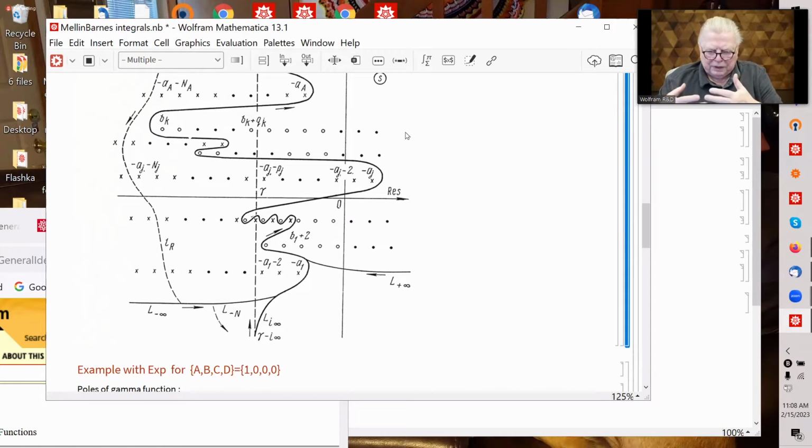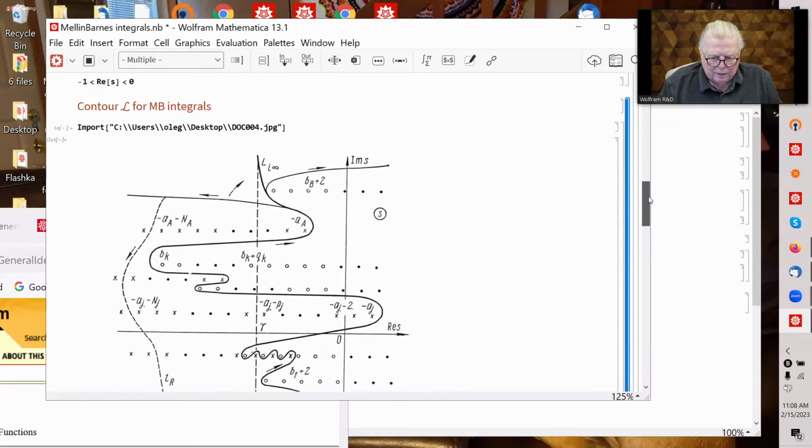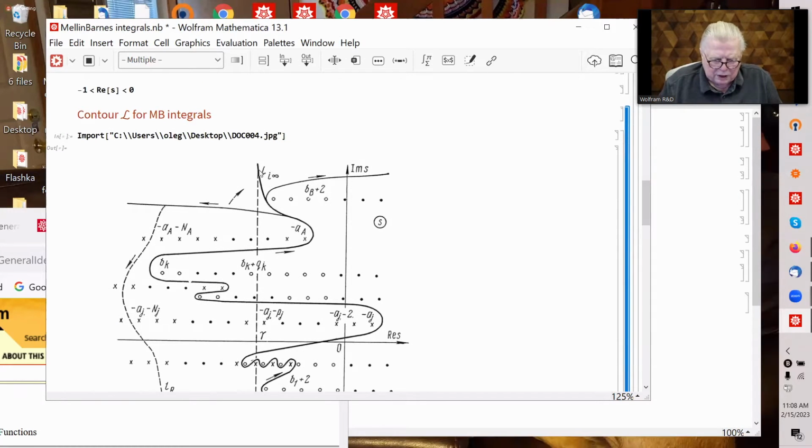But if we have situations like this one, the integration should go in such a way, otherwise the function is not well defined. This is a contour, and a vertical line, sometimes a straight line, is allowed, as I told.